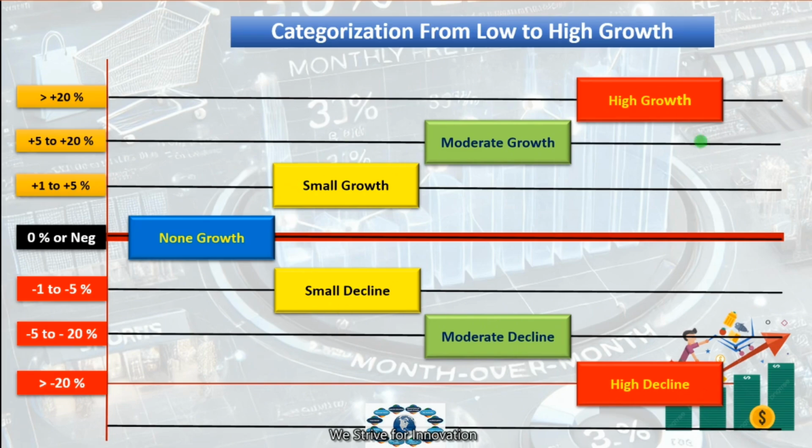This way you can visualize where you're standing in your economy, or the particular country you are looking at. If you see minus, they are in decline. If you see plus, they are in growth. But at what level? Small, moderate, or high growth. Now let's move on to the next slide.